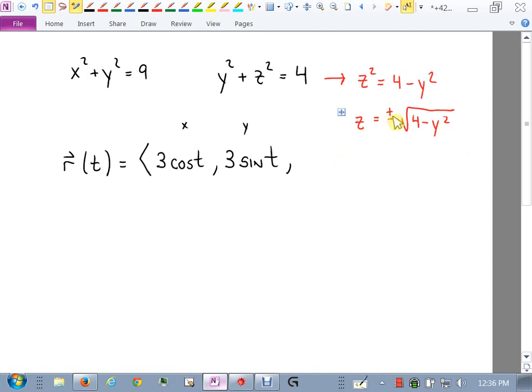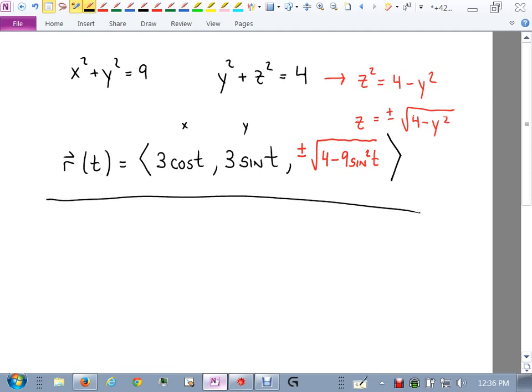It needs to be this plus or minus the square root of 4 minus y squared. But what's y? It's 3 sine t, isn't it? So this would become plus or minus the square root of 4 minus 3 sine t squared, which is 9 sine squared t. If I close this off, this is my vector function that draws that intersection.